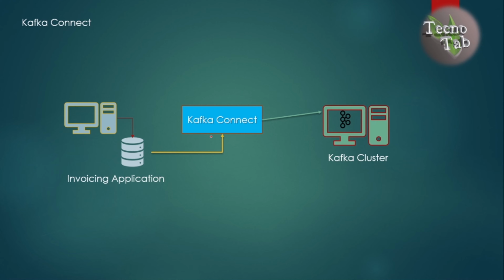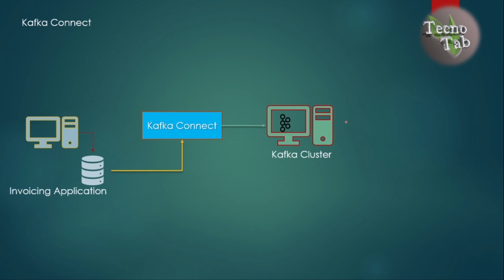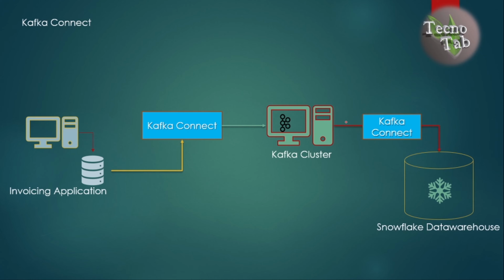Looks good, right? But we are not done yet. We also have to bring this data from this Kafka cluster to a Snowflake data warehouse. So we will need to place a Kafka Connect here as well. The left side of Kafka Connect is called the Kafka Connect Source Connector, and the right side is called the Kafka Connect Sync Connector.